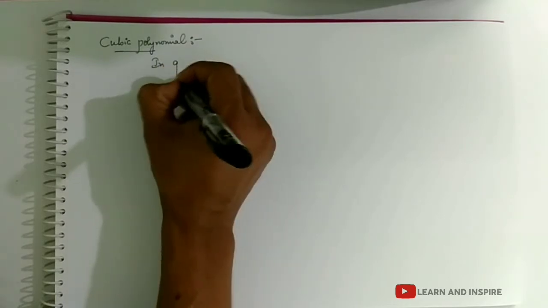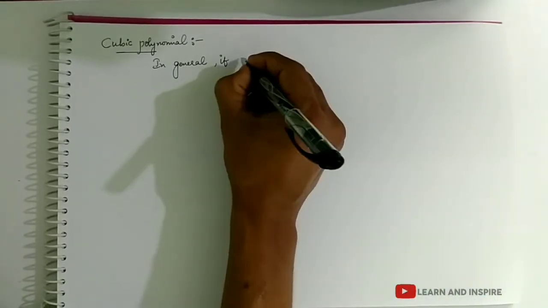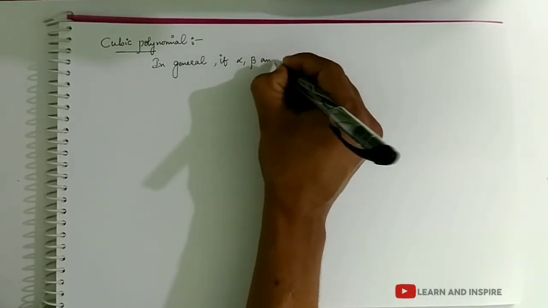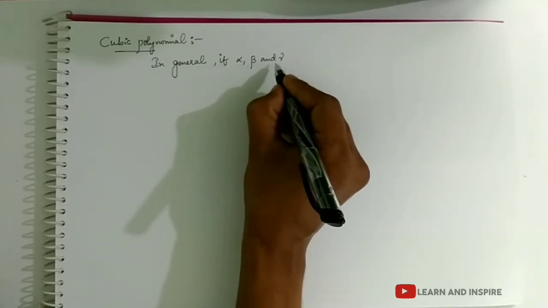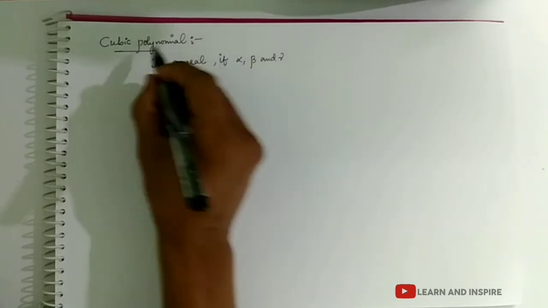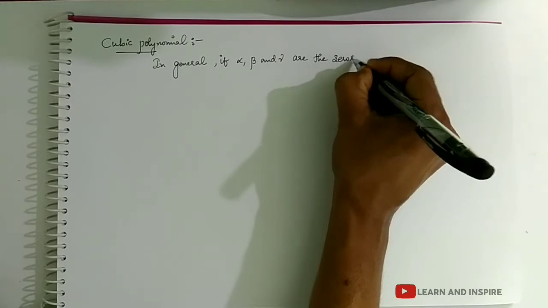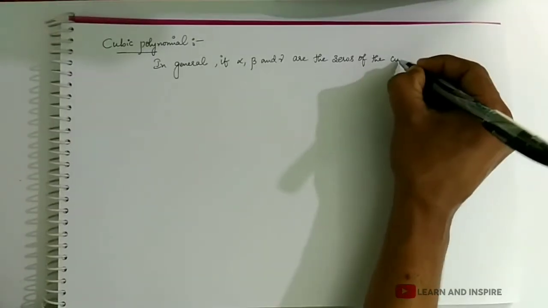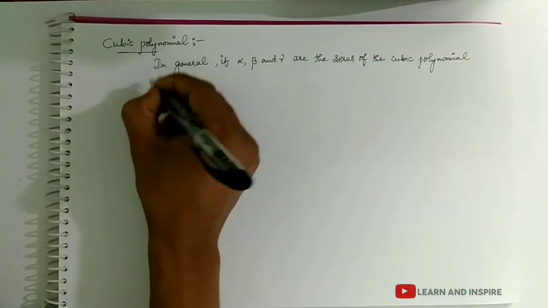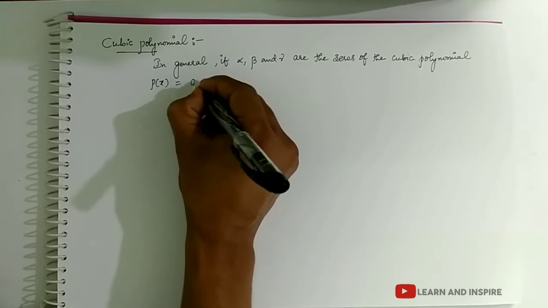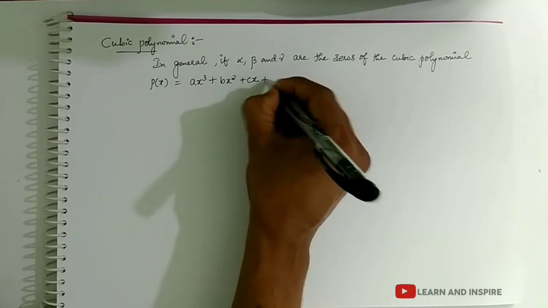In general, if alpha, beta and gamma are the three zeros of the cubic polynomial P of x is equal to ax cube plus bx square plus cx plus d.